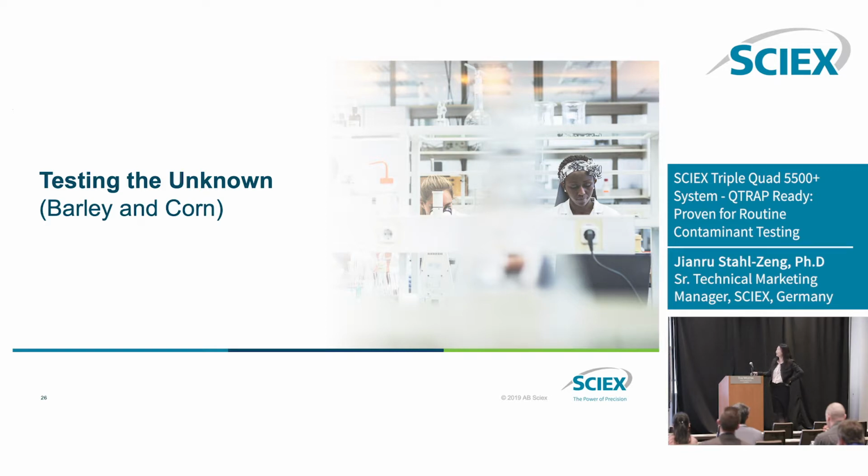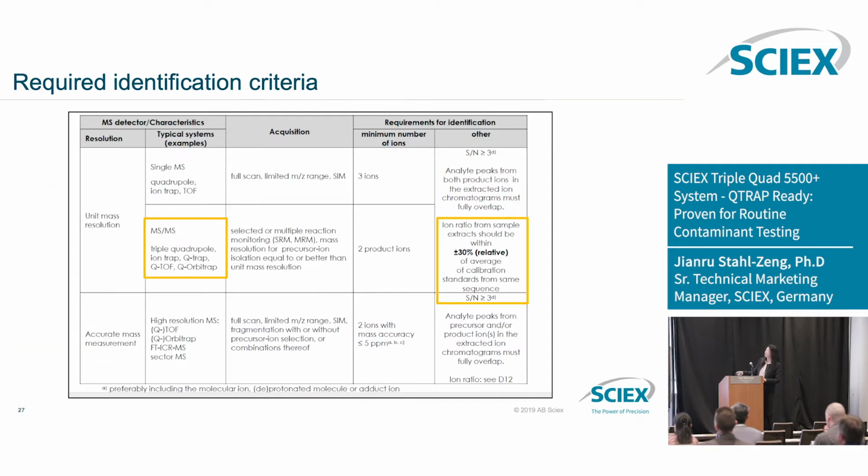I just put one example of regulation here in Europe. We have different regulations for mycotoxins, for pesticides, for antibiotics. So you see here for triple quadrupole instruments, the required identification criteria is very clear. You have to have 2 product ions, and the ion ratio in this case is 30%.